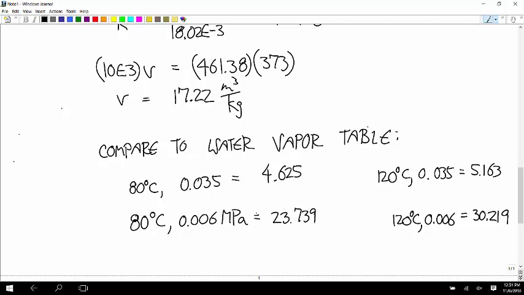This one down at the bottom, is that 23.739? Or did you just look it up? Oh, 27.132. Okay. 27.132.